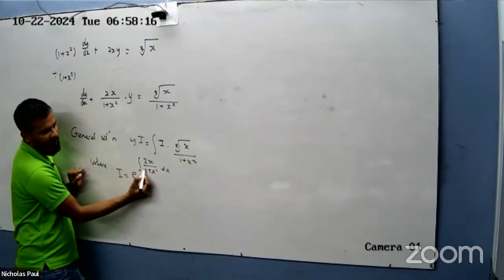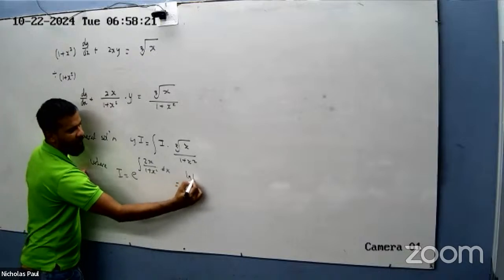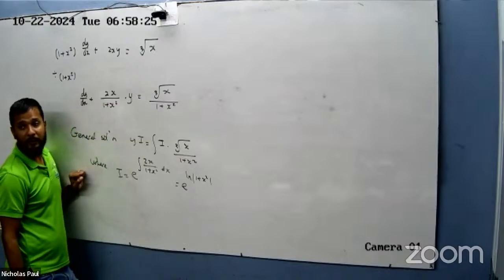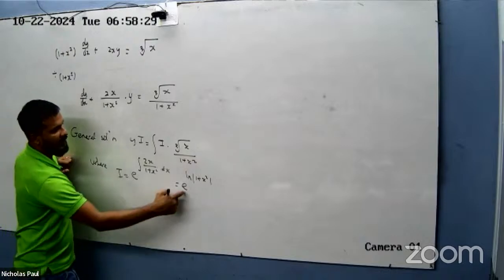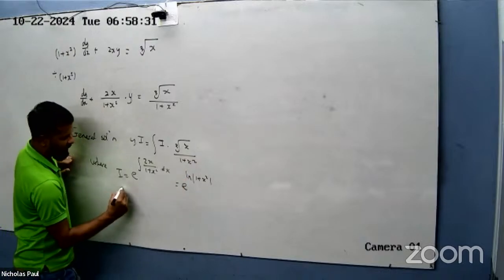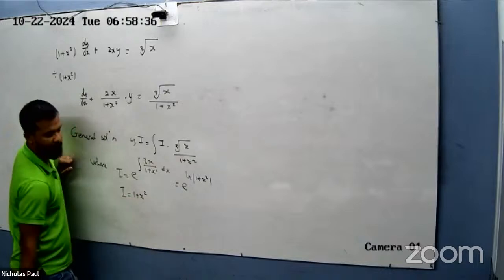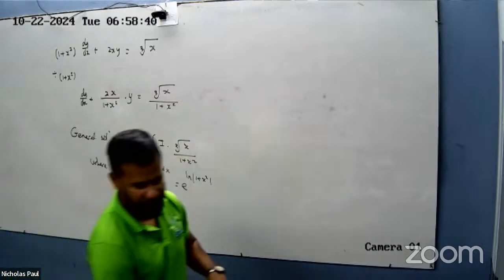What's the differential of this? 2x. So we know it's e to the ln. Even if you don't see it, substitution is good. E and ln will cancel, so you'll get I to be equal to 1 plus x squared.